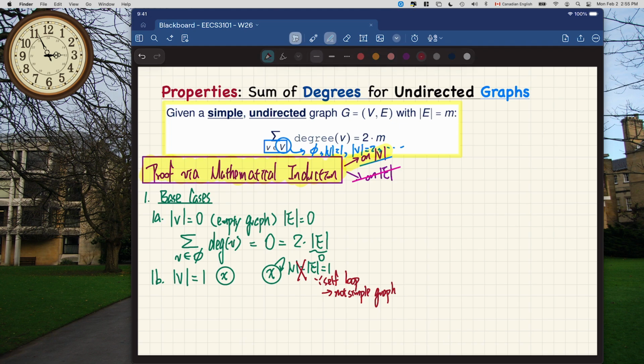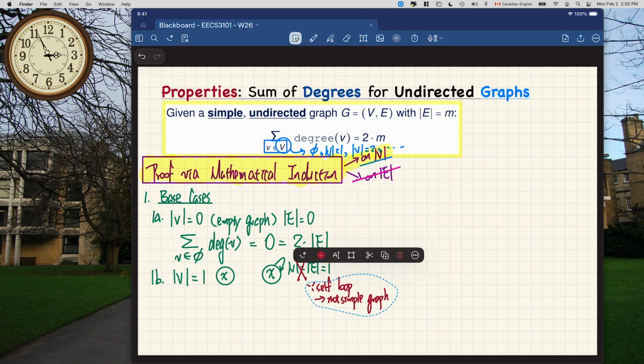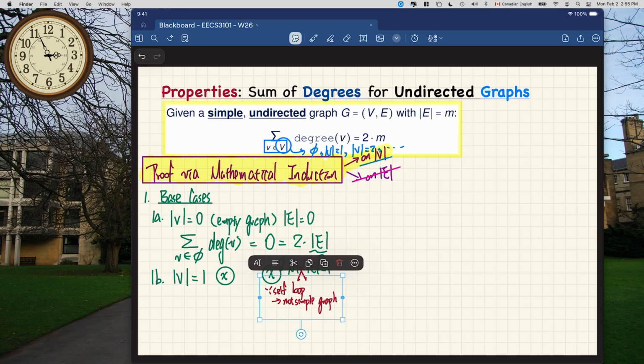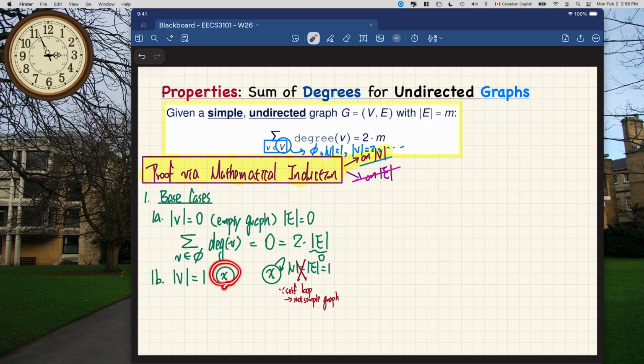Okay, let me move that a little bit. I need plenty of space for later. All right, self-loop is not a simple graph, right? Only one. All right, so for this one here, if you try to count, there's only one vertex over here. What's the degree for this vertex? 0, right? No edges. Very good, thank you. Yeah, that one they can repeat a sigma, okay?